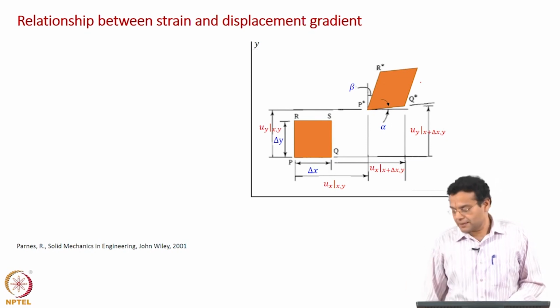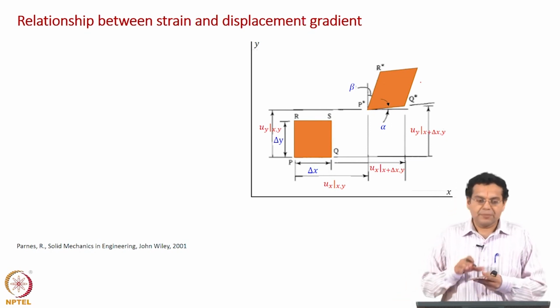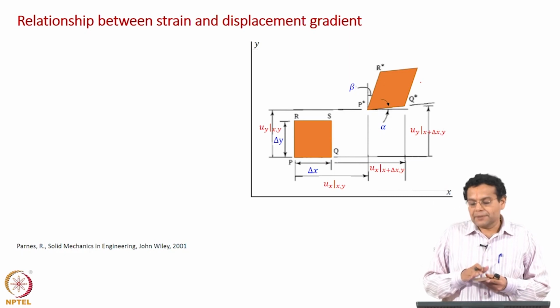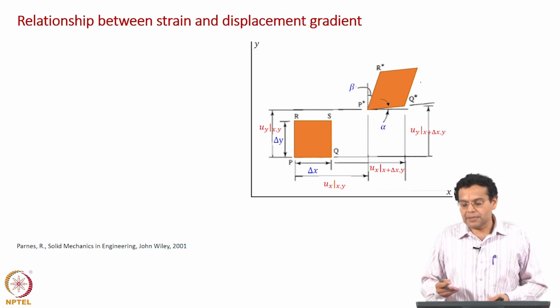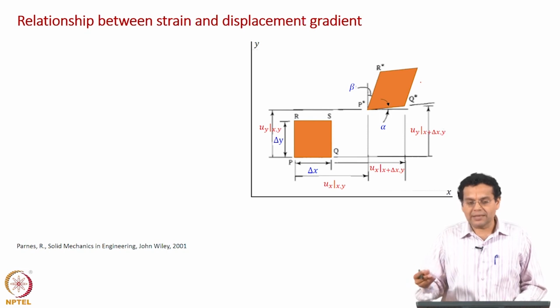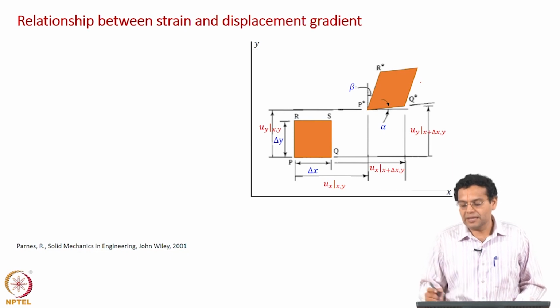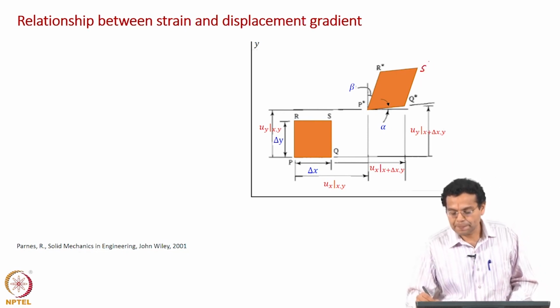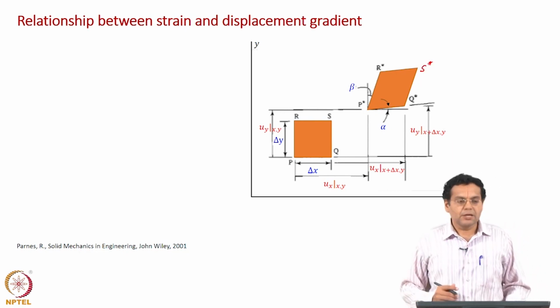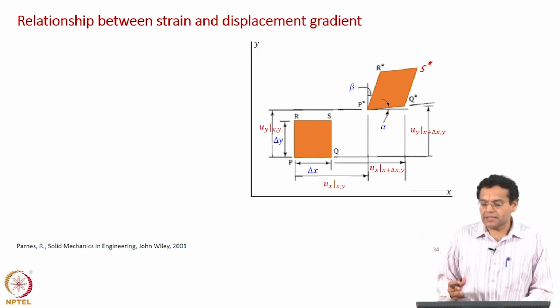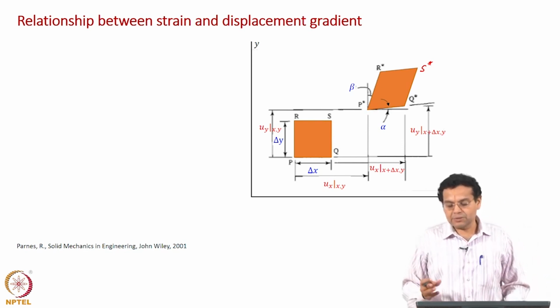Now, this plate is subjected to a force and it has taken a final state denoted by P star, R star, Q star. S star is not denoted because it is not important for us, but anyway that boundary is S star. So, PQRS plate has become P star, R star, Q star, S star.